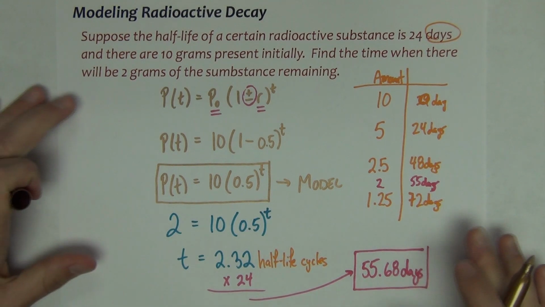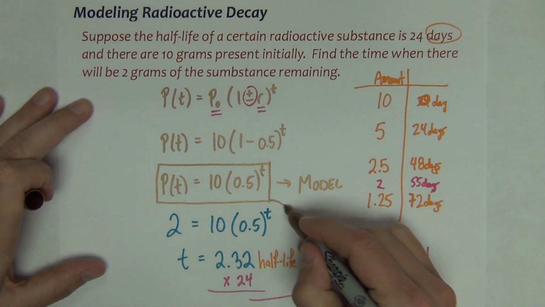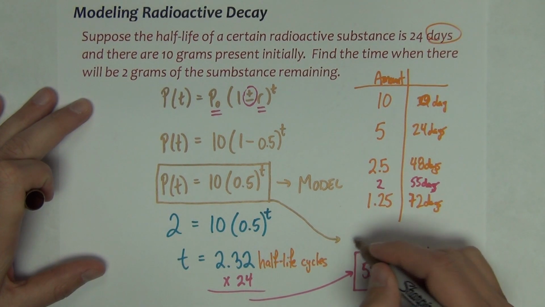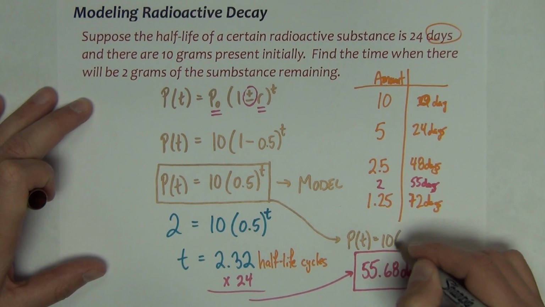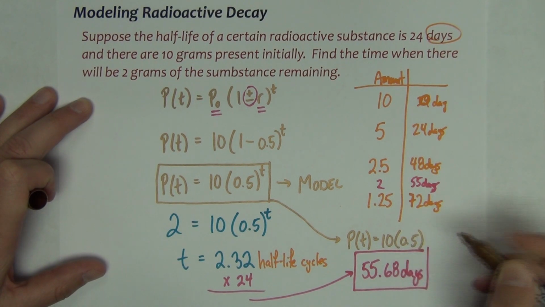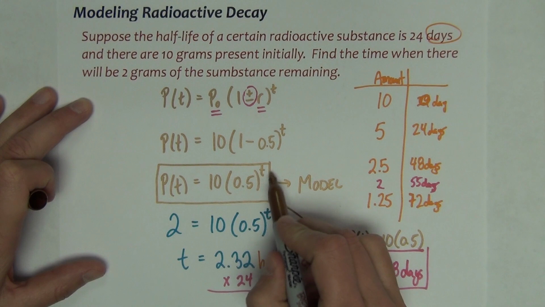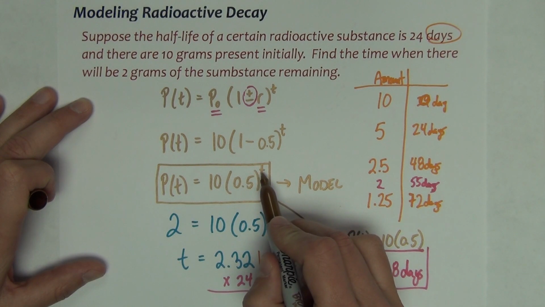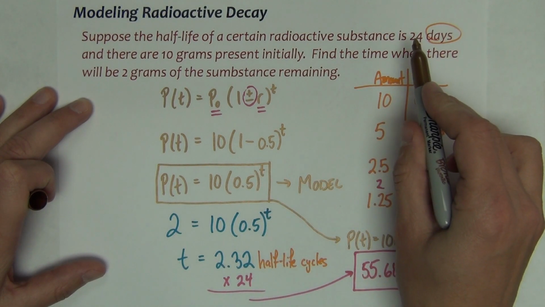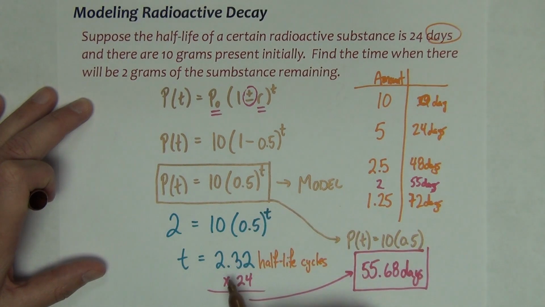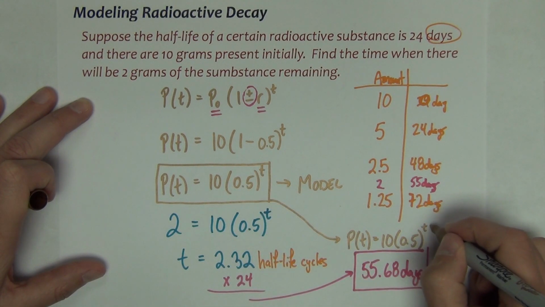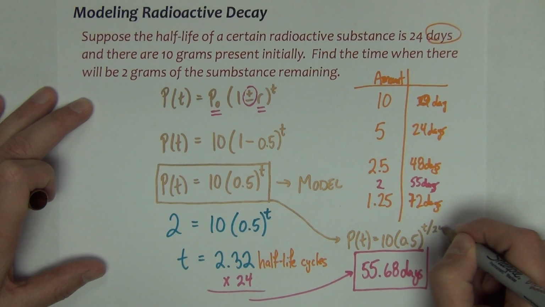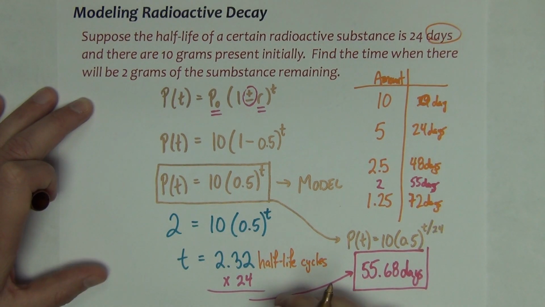The other way to fix it would be this. In my population model that I wrote right here, I can adjust the power. Instead of t, I can offset by that 24 days so that I include the times 24 right up in here, and I can do it like this: t divided by 24.